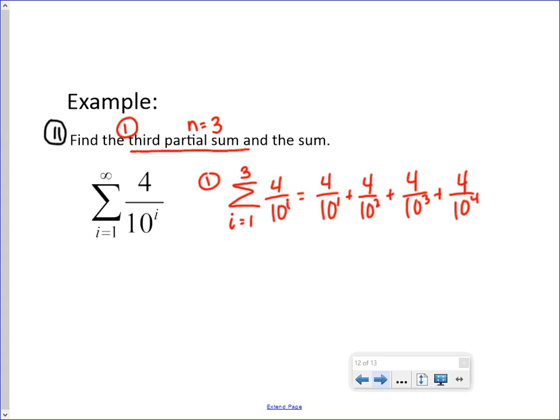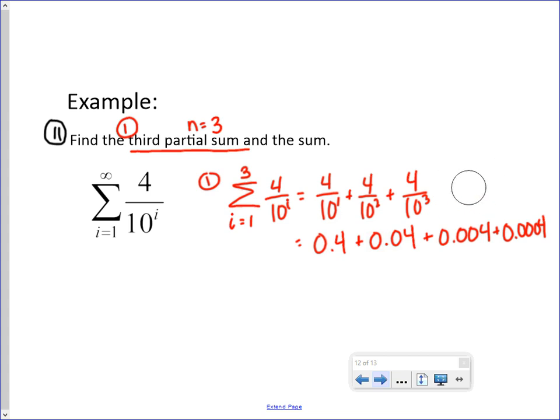Now these work out nicely because they have a denominator of 10 here. That would be 0.4 plus 0.04 plus 0.004 plus 0.0004. Oh, you're right.